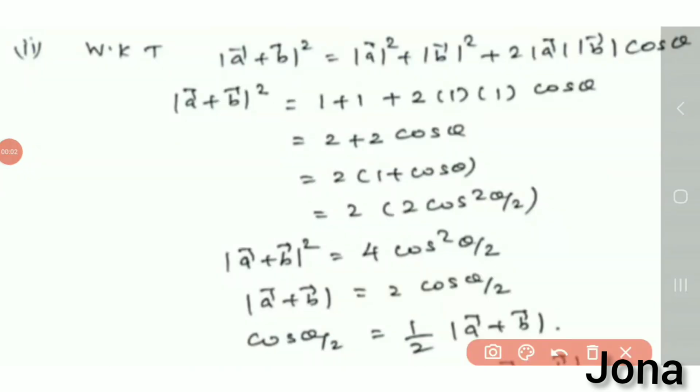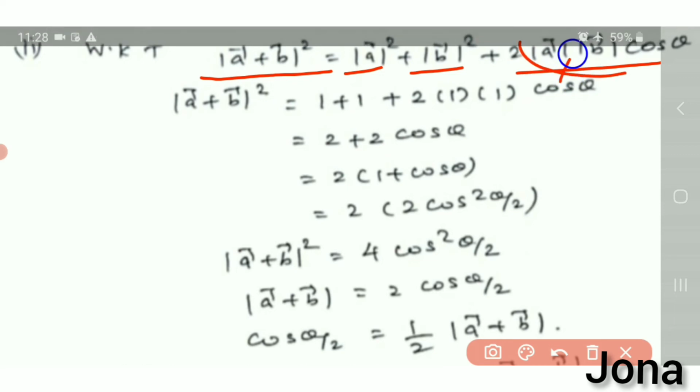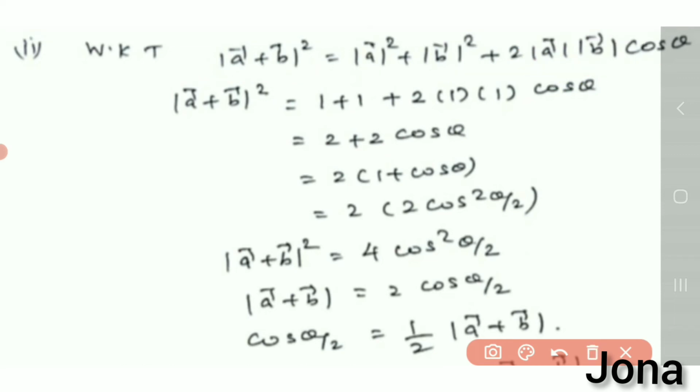In the second division we want to prove that cos theta by 2 equals 1 by 2 modulus of A vector plus B vector. For this, we take modulus of A vector plus B vector the whole square equal to modulus of A square plus modulus of B square plus 2 A dot B. For this A dot B we have the formula modulus of A into modulus of B into cos theta.